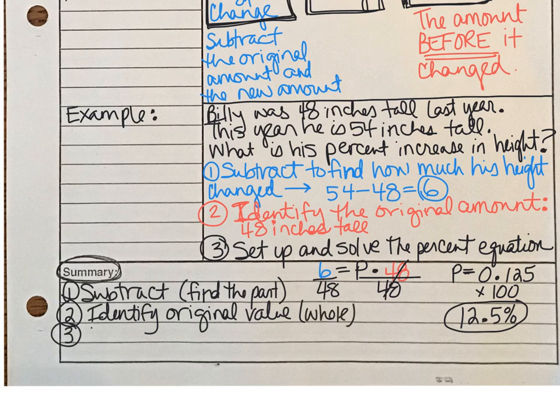And then step 3 is to set up and solve the percent equation. Remember that percent change questions are just another version of your percent equation. Now go ahead and flip your paper over so that we can talk about percent error questions.